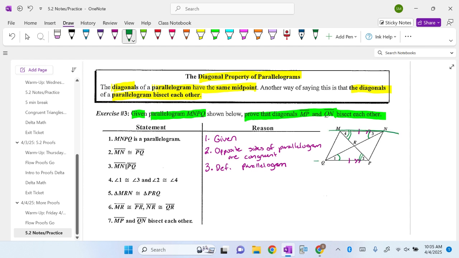If I drew these parallel lines, both of these diagonals could be considered transversals. I have alternate interior for 4 and 2, alternate interior for 1 and 3. So the reason here is alternate interior angles are congruent.